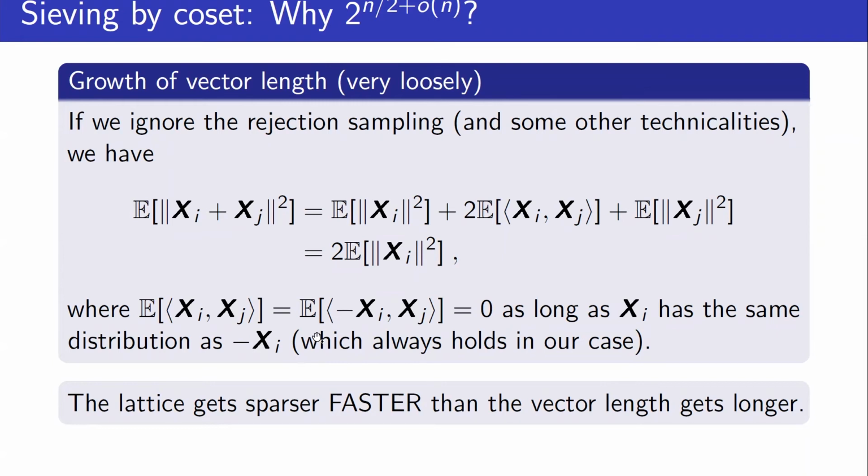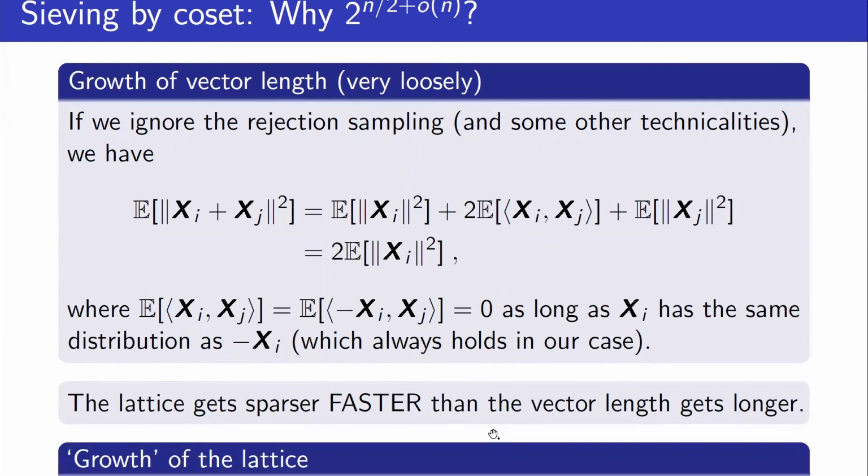So L2 is sparser than L1. And we want to make sure that the lattices are getting sparser faster than the vector length gets longer. In this sense, we want to make sure that after 2 steps, L3 is a sublattice of 2L1.